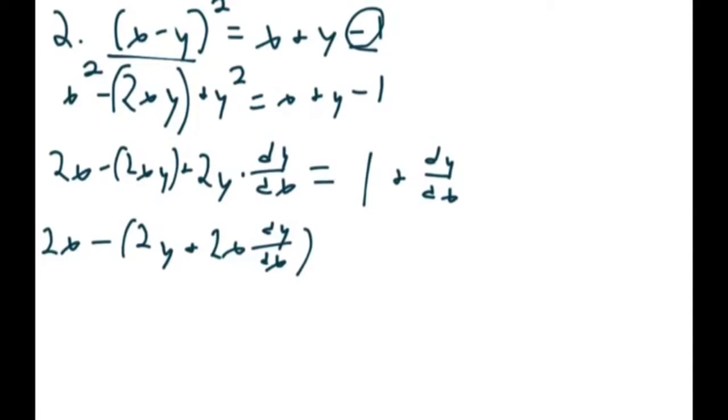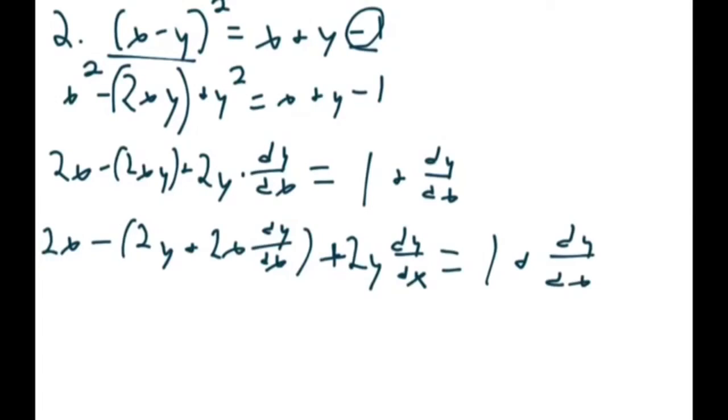And then we're going to recopy the rest of the problem. So plus 2y dy over dx equals 1 plus dy over dx.